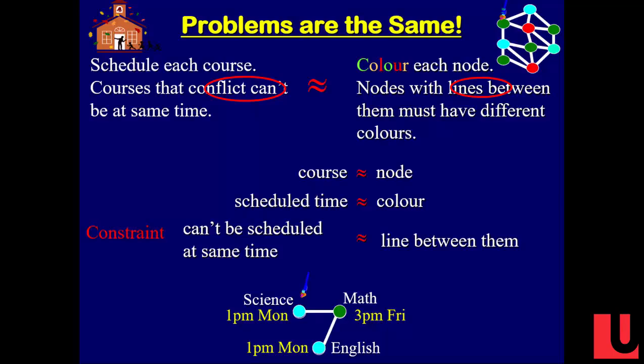Or you are taking them both, so don't have them be at the same time. They're both second-year requirements, so don't schedule them at the same time. So you see, that's exactly what this problem is. Scheduling is exactly graph coloring.